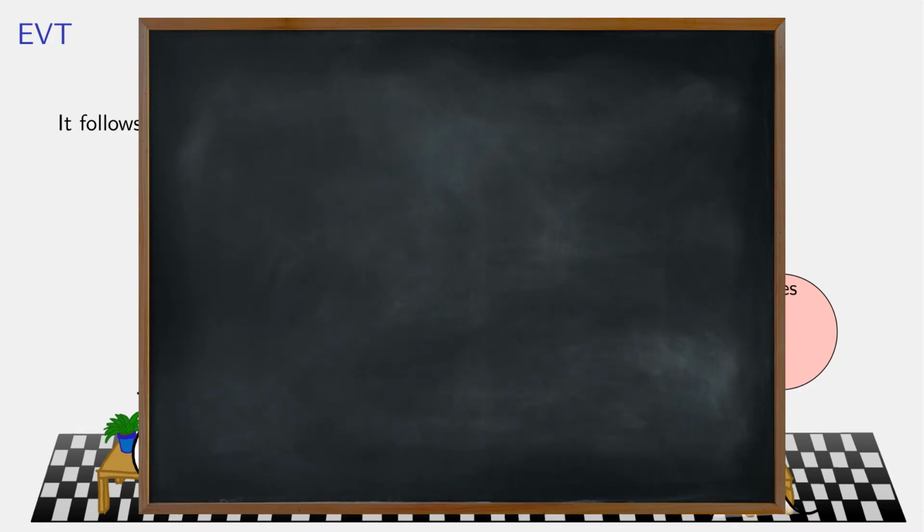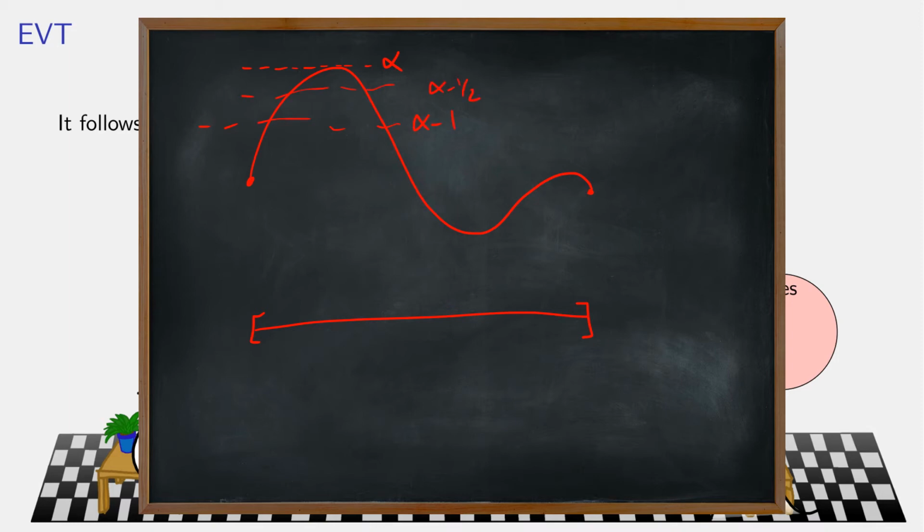So now what we have to do, we know that we have a compact set, and again, I'm just going to draw it as a compact interval. It could be any other compact set. This is just the easiest to draw. I've got a continuous function. I'll draw it like this. What we know is there's some point, which is the supremum, but anything less than it, like alpha minus 1, alpha minus 1/2, etc., is not an upper bound.